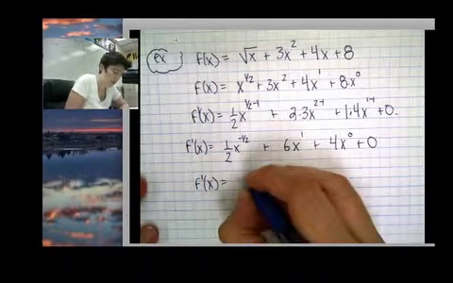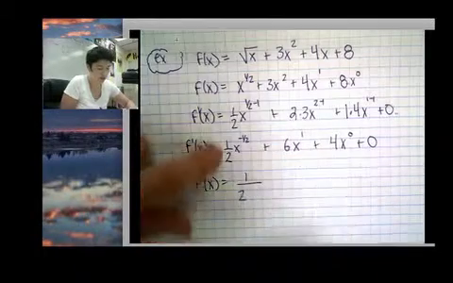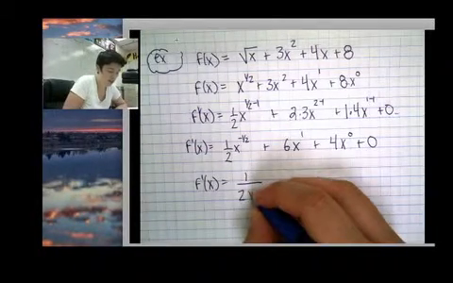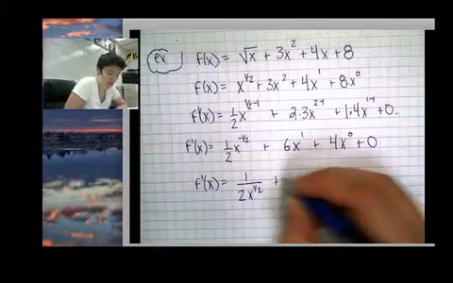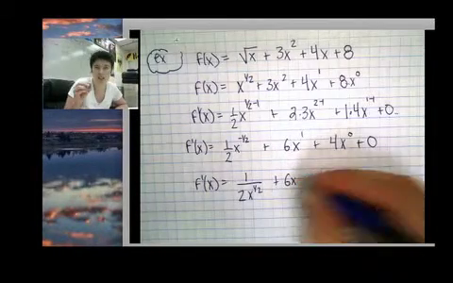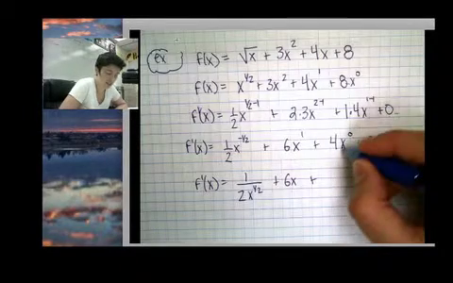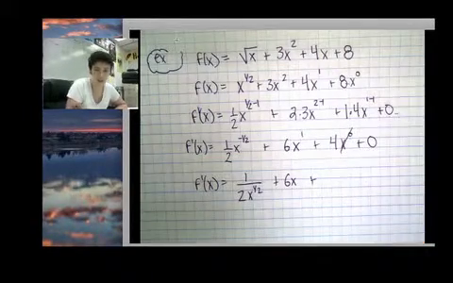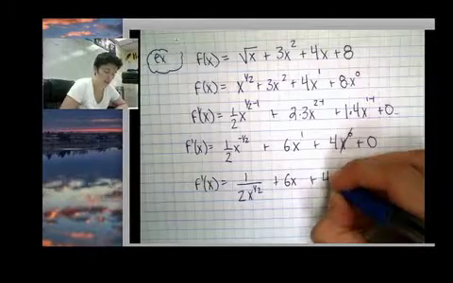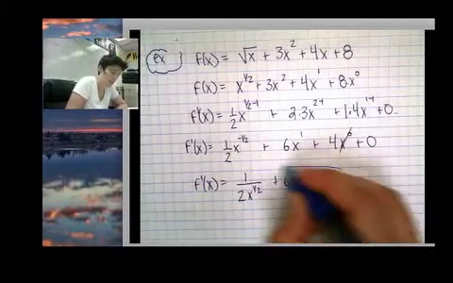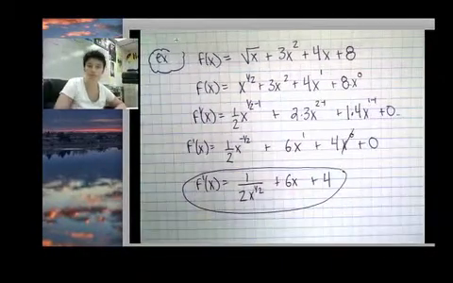I'm going to make it 1 over 2, because of the 1/2, and then x to the positive 1/2 power, plus 6x, I don't need to write the little first anymore, plus 4x to the 0. x to the 0 is technically a 1, so that's gone, so it's really just plus 4, and I don't even need the plus 0, so that's my answer.